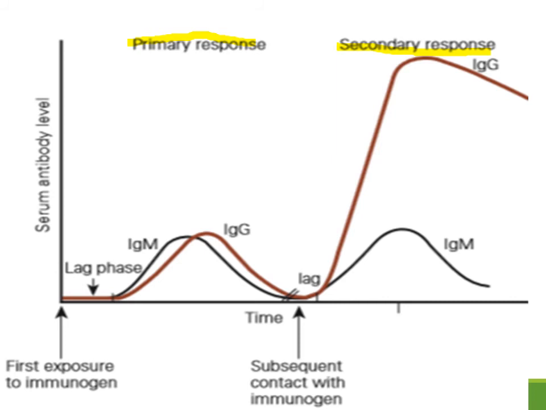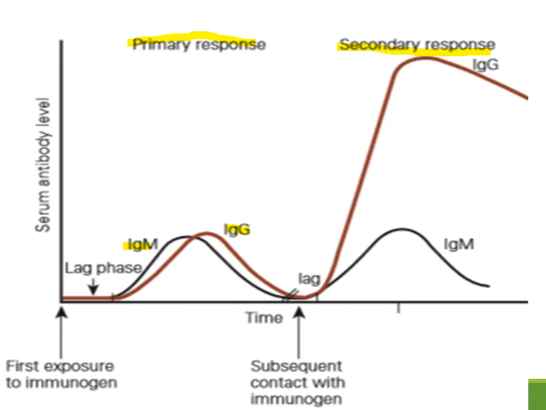Let's discuss the primary response first. On your first encounter with the antigen, the first antibody that will rise is IgM. This is the first antibody to rise. After IgM comes your IgG, which is the second antibody to rise.